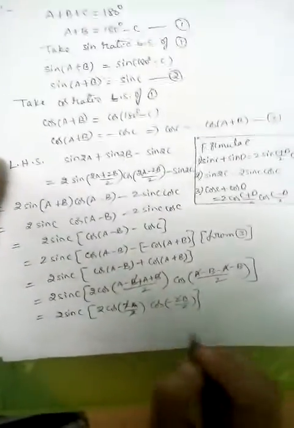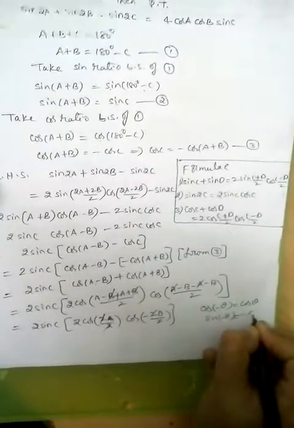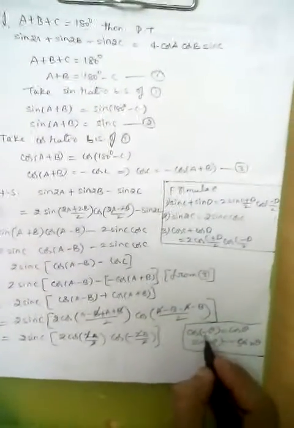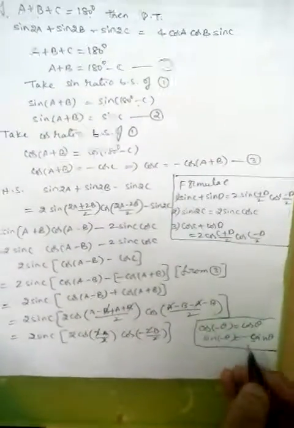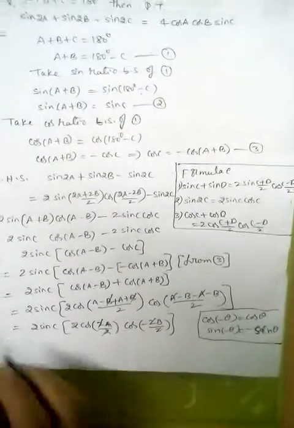2 will be cancelled, and we know that cos of minus theta is equal to cos theta. Sin of minus theta is equal to minus sin theta. It is most important. Cos of minus theta is equal to cos theta. Sin of minus theta is equal to minus sin theta.